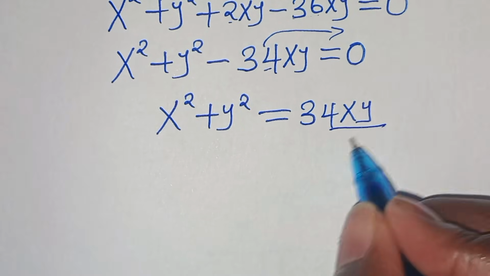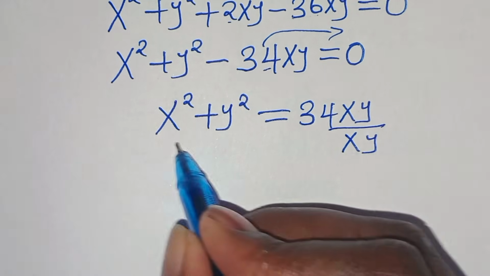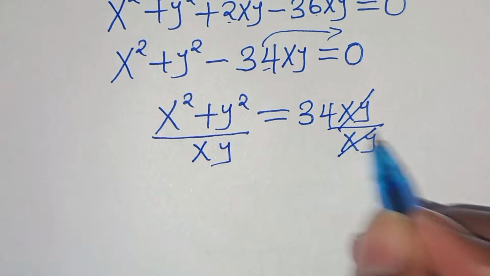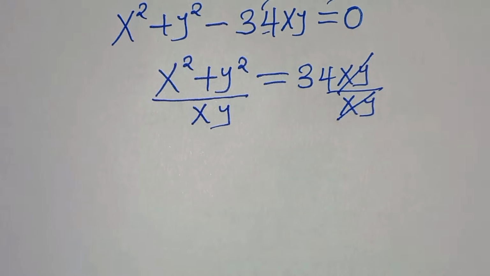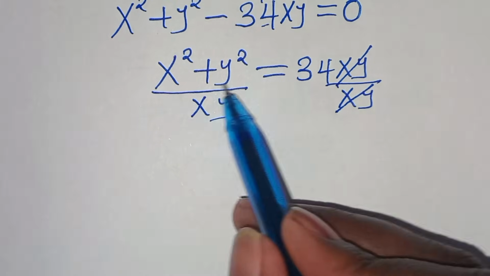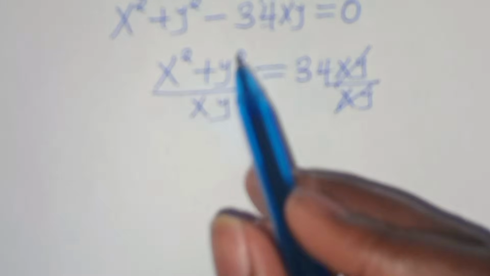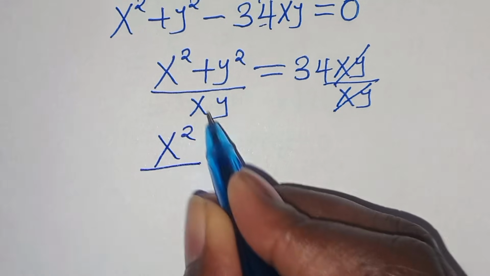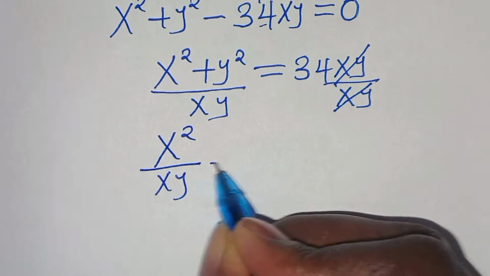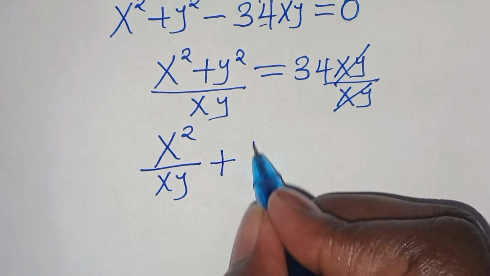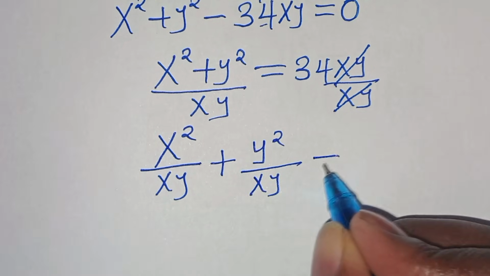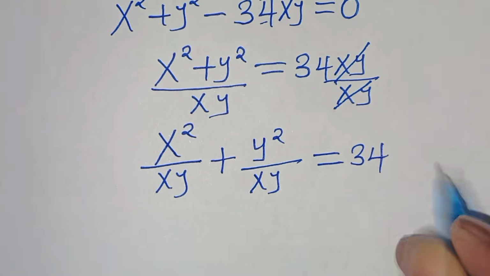So let's divide both sides by xy. The xy simplifies. Now, we can express this as x to the power of 2 divided by xy plus y squared divided by xy, equal to 34.